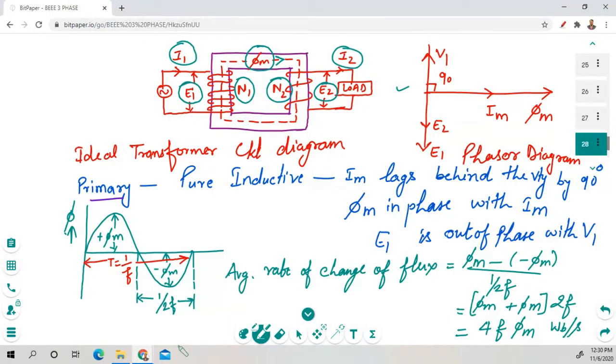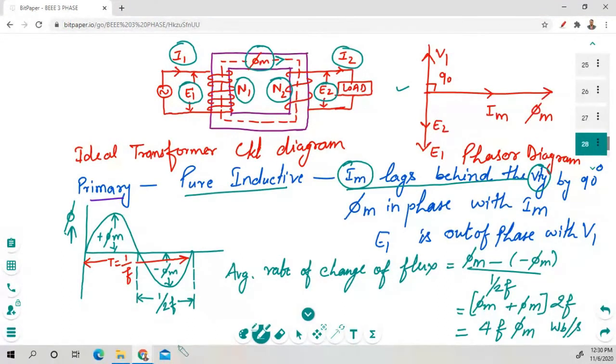This is an inductive circuit. When this inductive circuit is present, Im lags behind the voltage by 90 degrees. In the previous lectures we have completed these topics in detail, in RL circuits and RC circuits.